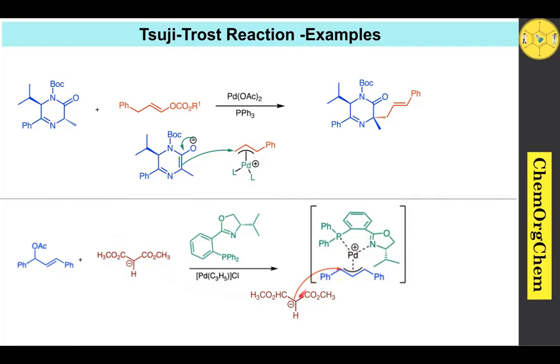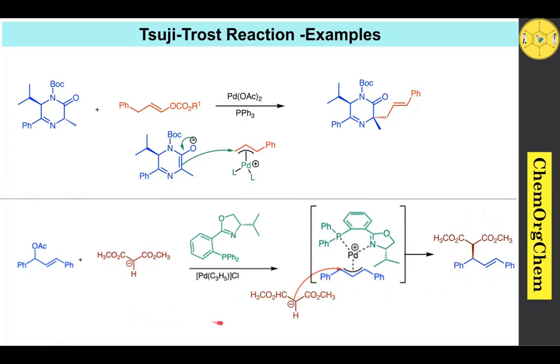This attack takes place from the top face since the bottom face is sterically crowded, generating the corresponding allylic substitution product with high enantioselectivity.